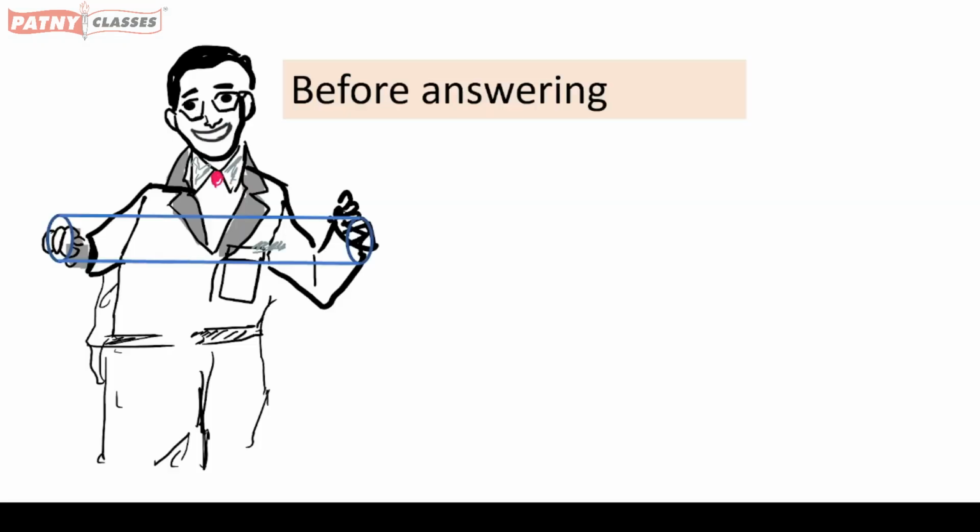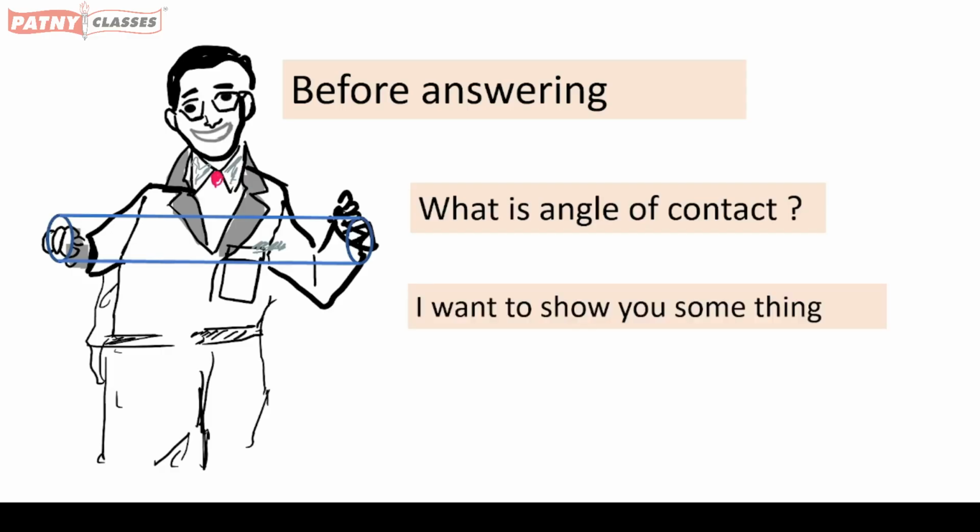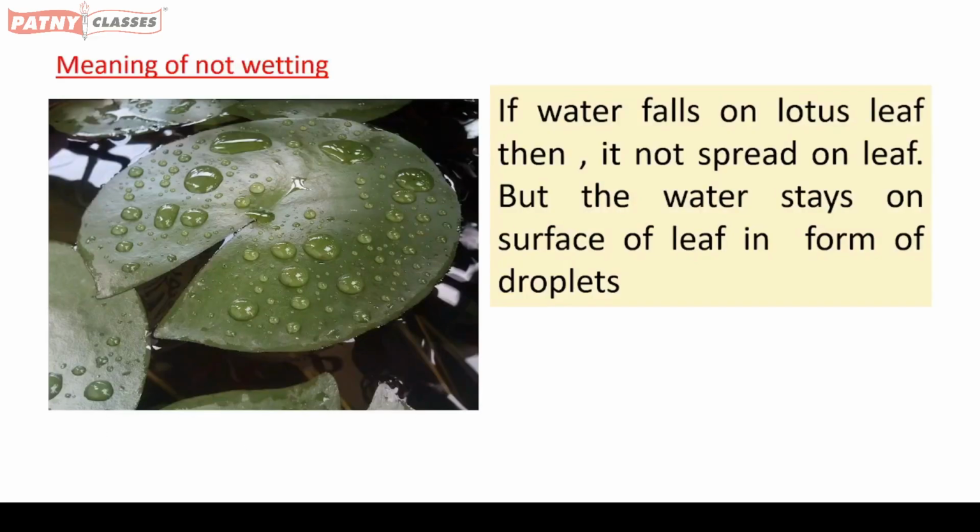Before answering what is angle of contact, I want to show you something. What happens if water falls on a lotus leaf? If water falls on a lotus leaf, it does not spread on the leaf, but the water stays on the surface of the leaf in the form of droplets.